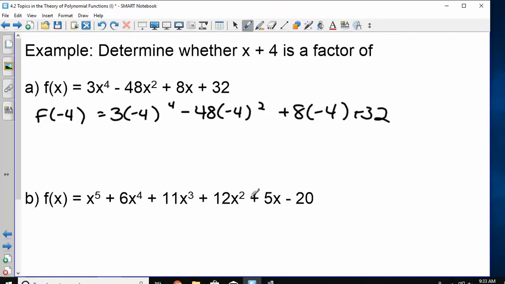Tell me what you get. You get 0. So what does that mean? It's a factor.